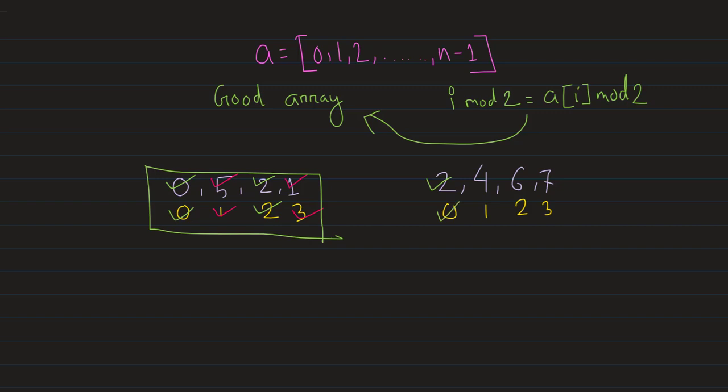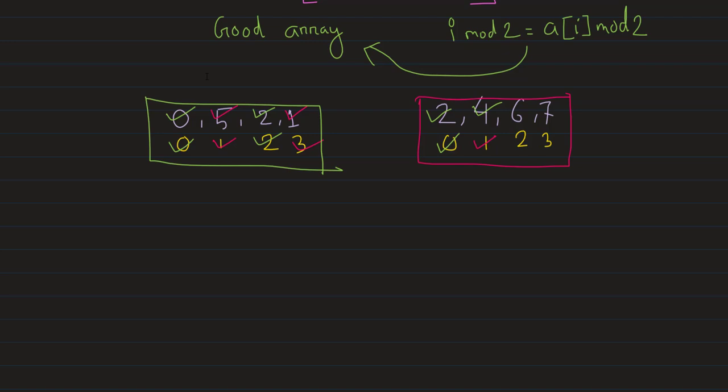The next element is even, but the index is odd. Therefore, we can call this array not good, because at index 1 we are getting the element 4. The parities don't match. Therefore, we cannot call this array a good array.